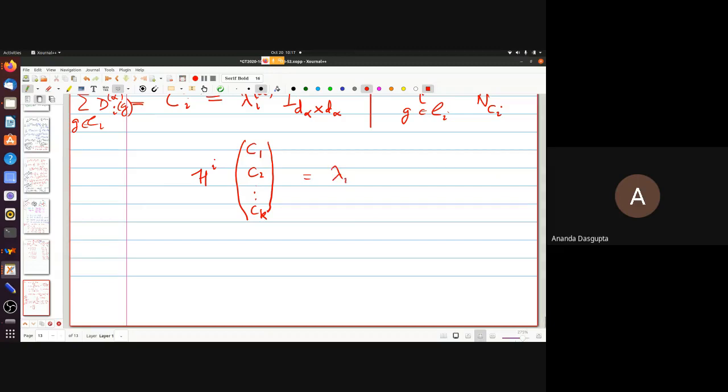What am I supposed to get? I'm supposed to get lambda I. Everybody with me so far? Or have I lost you here? Okay, sorry. This is not true in general. This is true for irreps.